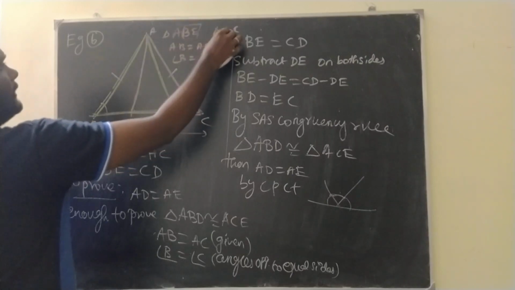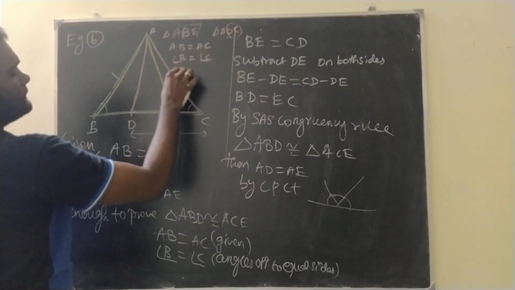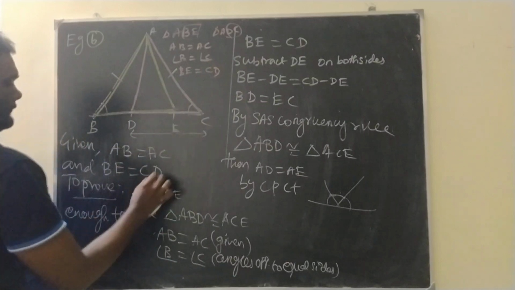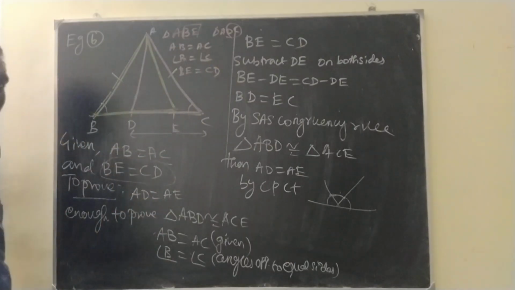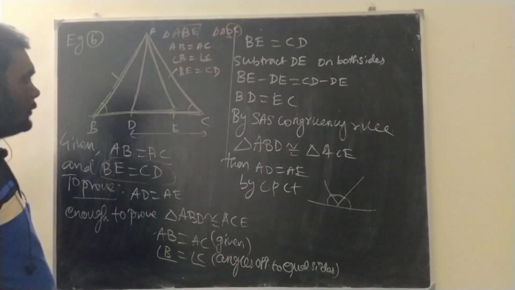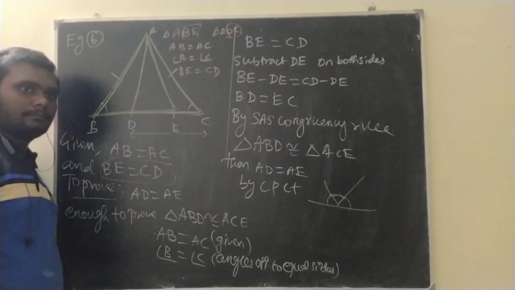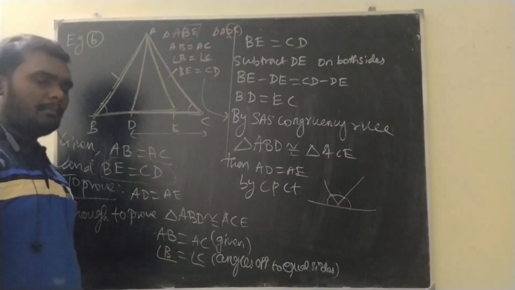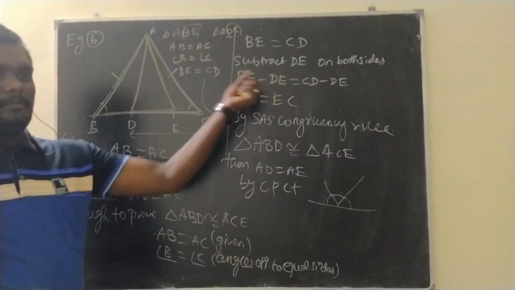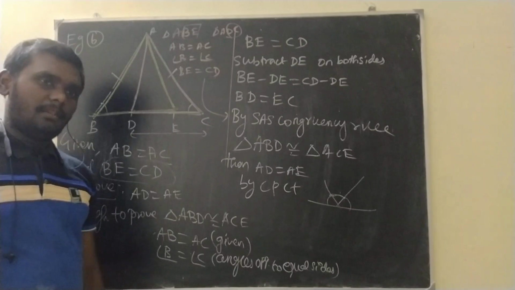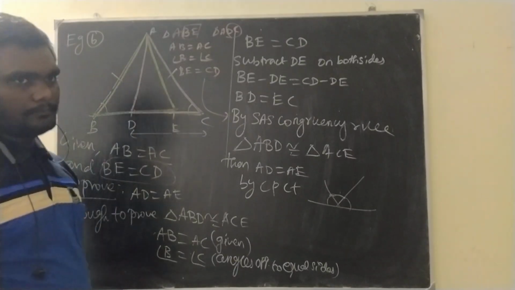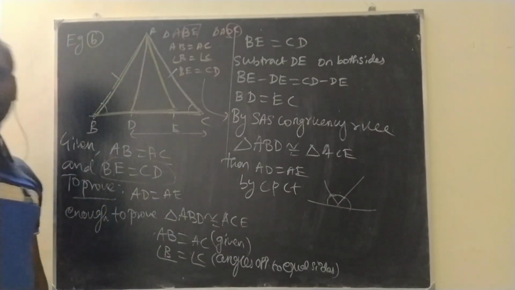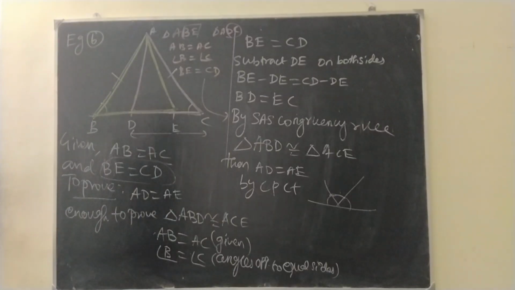This BE is equal to CD, given. Now what congruency will apply? Same SAS. Did this subtraction happen? Never happened. That is it. Shall I erase?